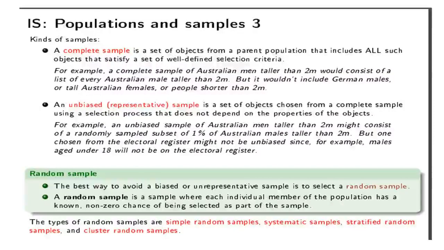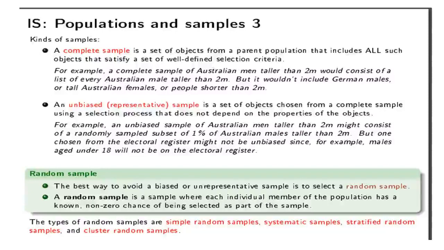Now, we also have the unbiased representative sample. This is a set of objects chosen from a complete sample using a selection process that does not depend on the properties of the objects.